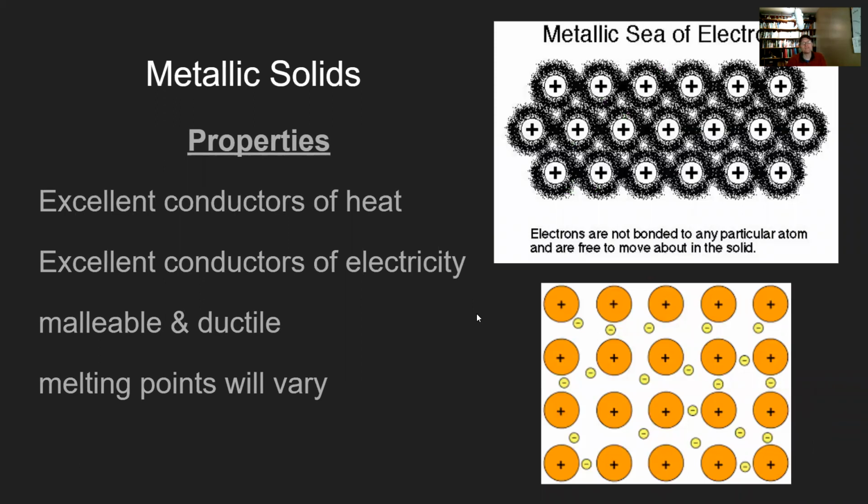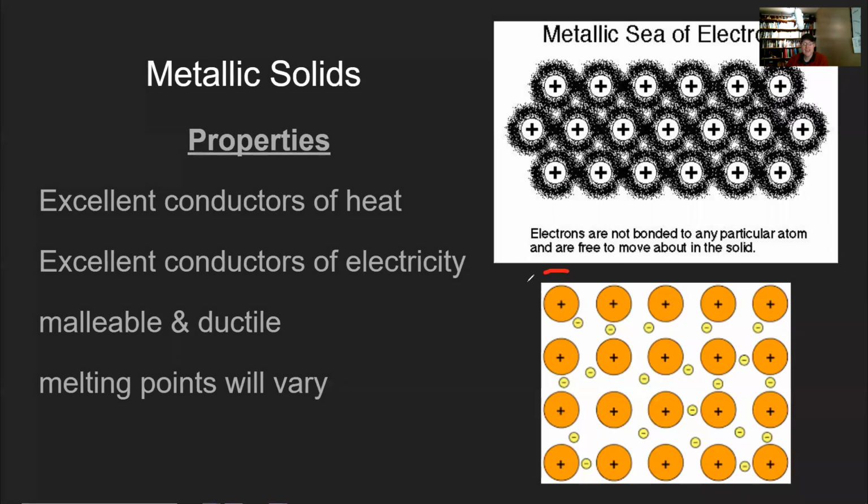Metallic solids. So the definition of a metallic bond is where you have a group of positively charged metal ions swimming in a sea of valence electrons that are not particularly bonded to any individual atom. Let me clarify that a little bit better, where you have metal ions in a sea of electrons.